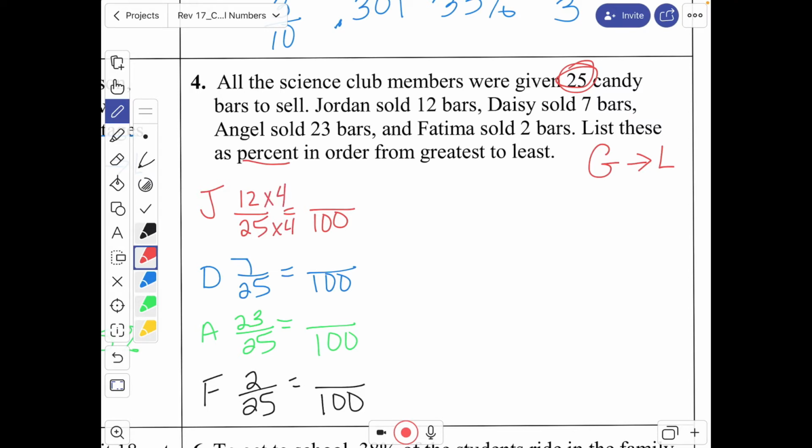So if I do that on top, Jordan would get 48 over 100, which is 48%. Same thing for Daisy. 7 times 4 would be 28 over 100, which is 28%.